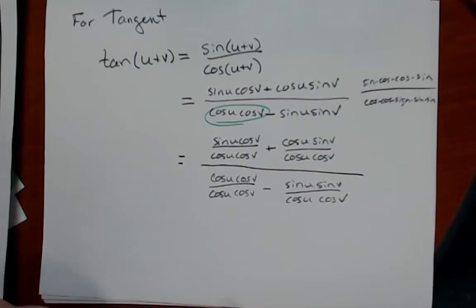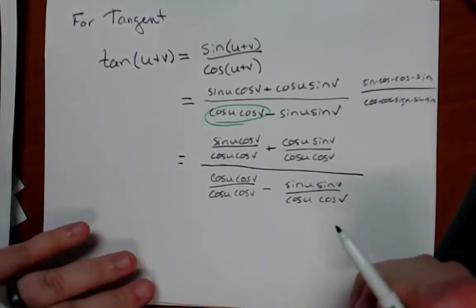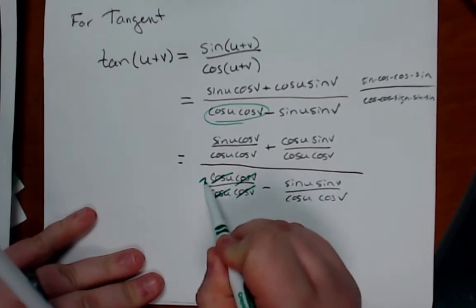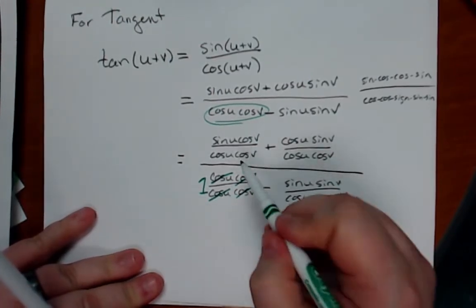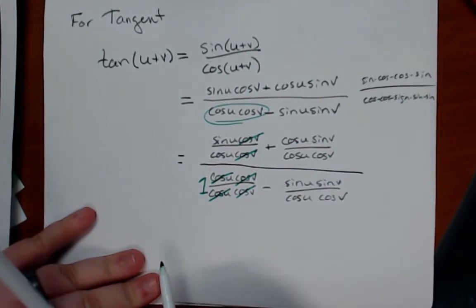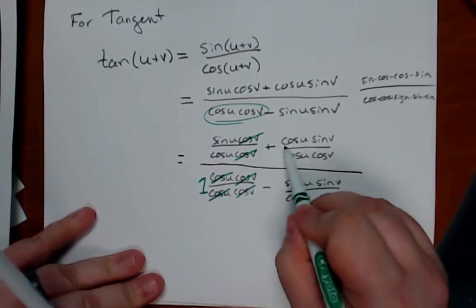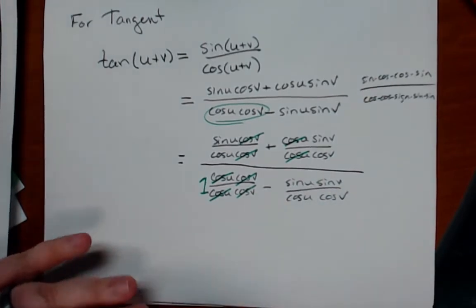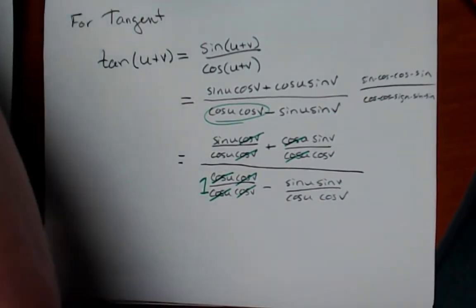All right. So what happens? Well, we divided this by itself, so those all cancel and leave us with a 1. We have a cosine v in the numerator and the denominator, so they cancel. We have a cos u and a cos u in the numerator and denominator, so they cancel. And then nothing in that last one cancels.